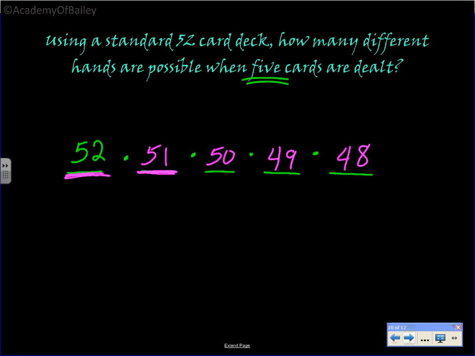Well, when you take and multiply these numbers out, $311,875,200 different 5-card hands that you could get when playing cards.